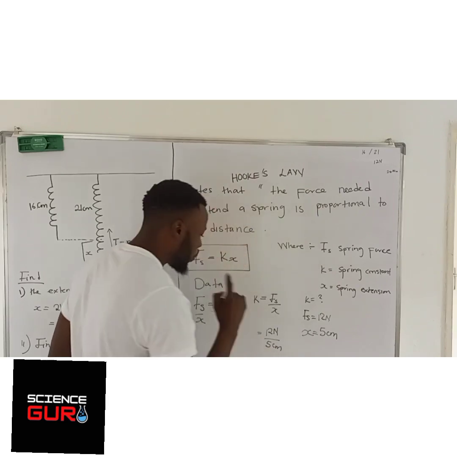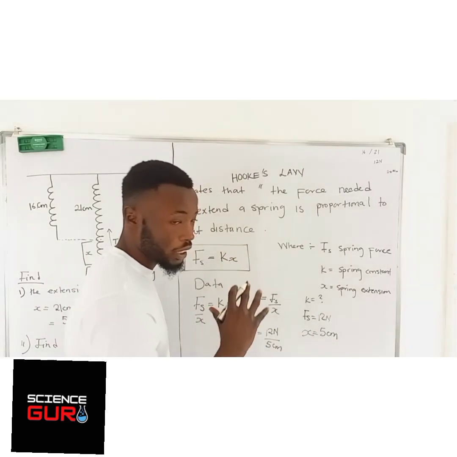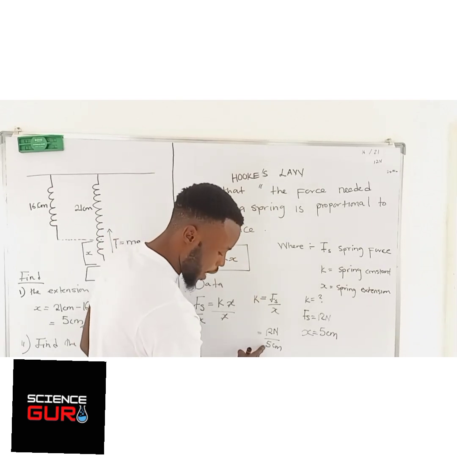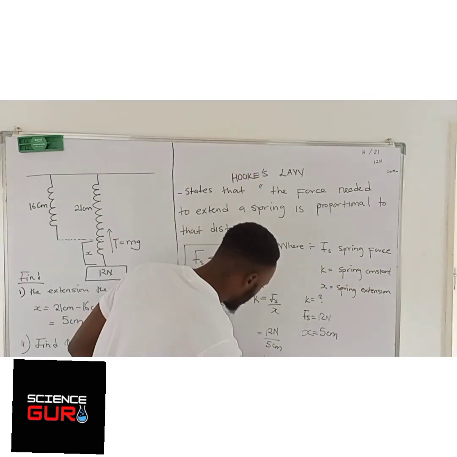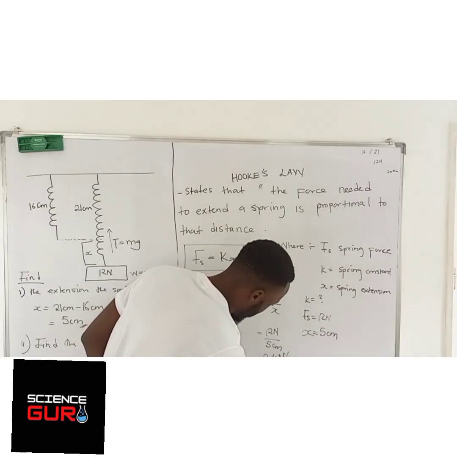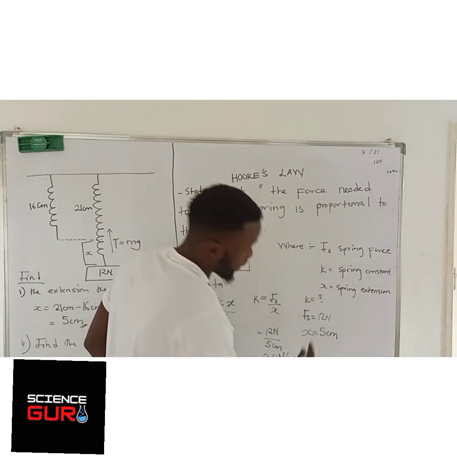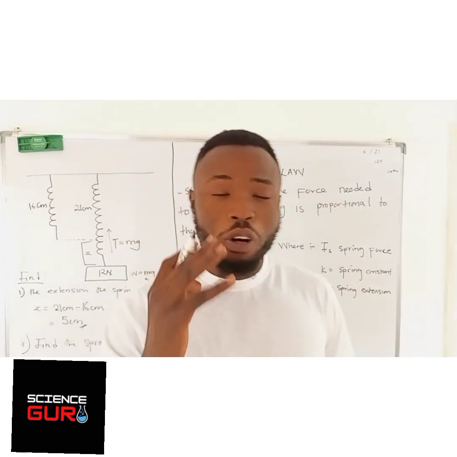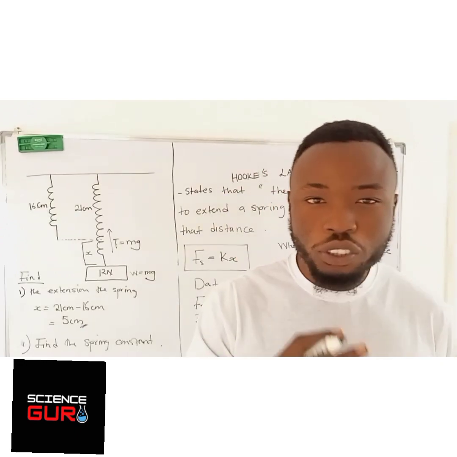What is my spring constant? You get your calculator, and you say 12 divided by 5. You're going to get 2.4 newtons per centimeter. Guys, just like that, you have interpreted Hooke's law.